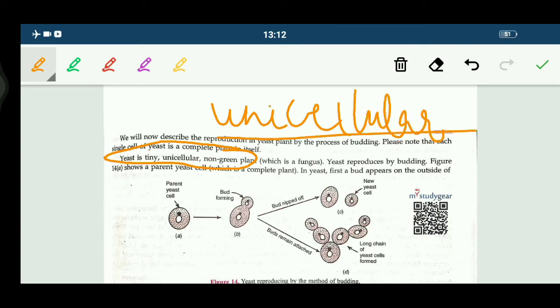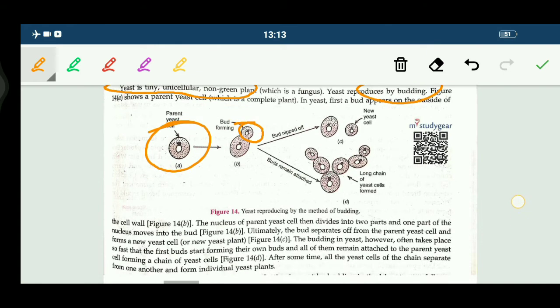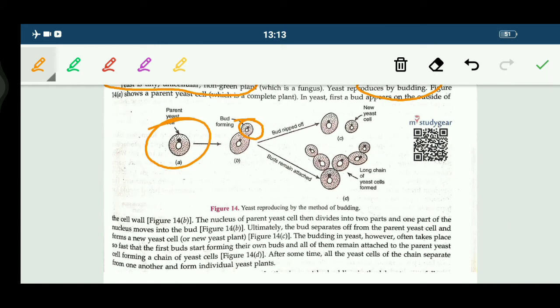It's a non-green plant which is a fungus, and yeast reproduces by budding. Here you can see a parent yeast cell with a small bud. The nucleus of the parent yeast cell then divides into two parts, and one part of the nucleus moves into the bud. Ultimately the bud separates off from the parent yeast.